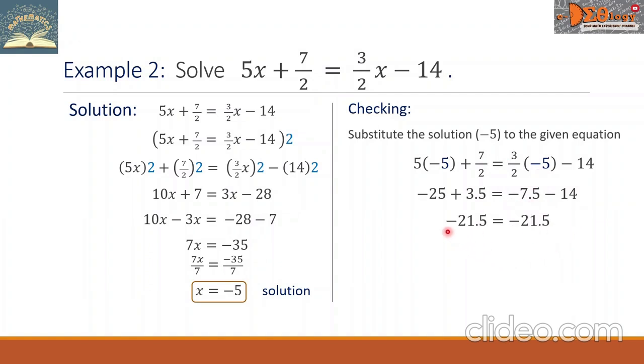Both sides equal negative 21.5. Since left hand side equals right hand side, then negative 5 is the solution of the given equation.